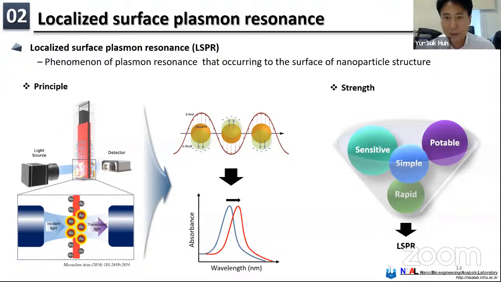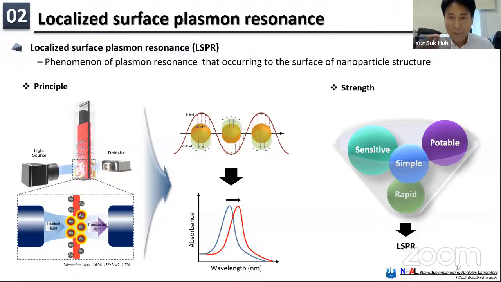We can call that surface plasmon polariton. By matching the incident light with the intrinsic wave frequencies of the gold nanoparticles, we can greatly increase the plasmon resonance. Using this phenomenon, we can increase the sensitivity, and also get more promising signal from your sample.